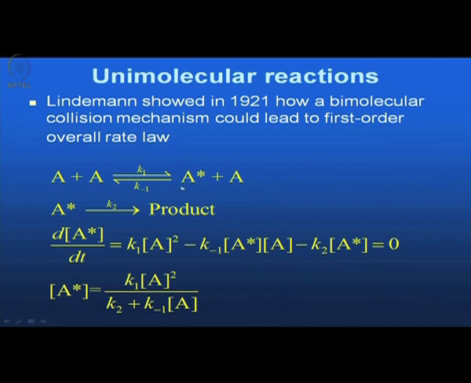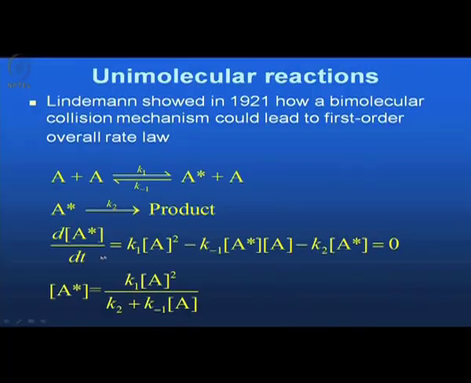This excited molecule may undergo several processes. It may just get deactivated by collision with A, or maybe by collision with the wall, or maybe it will undergo a further reaction to give you product. Okay. Further reaction might require some rearrangement of the molecular geometry.